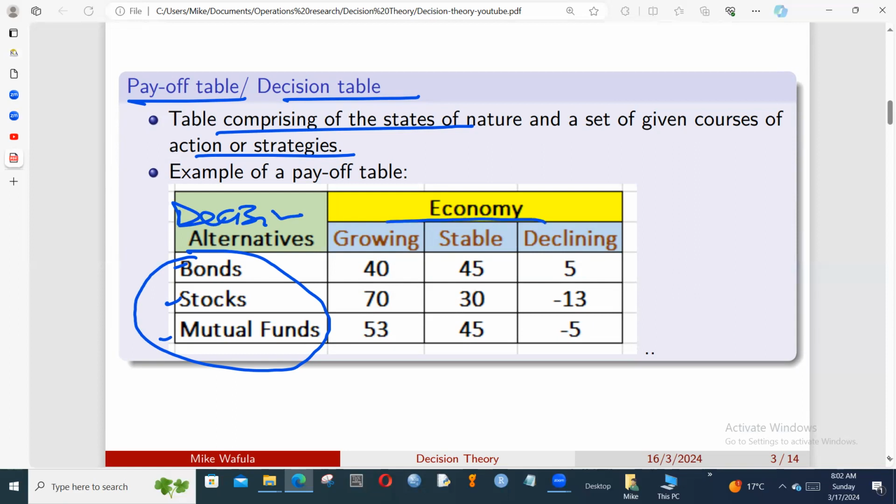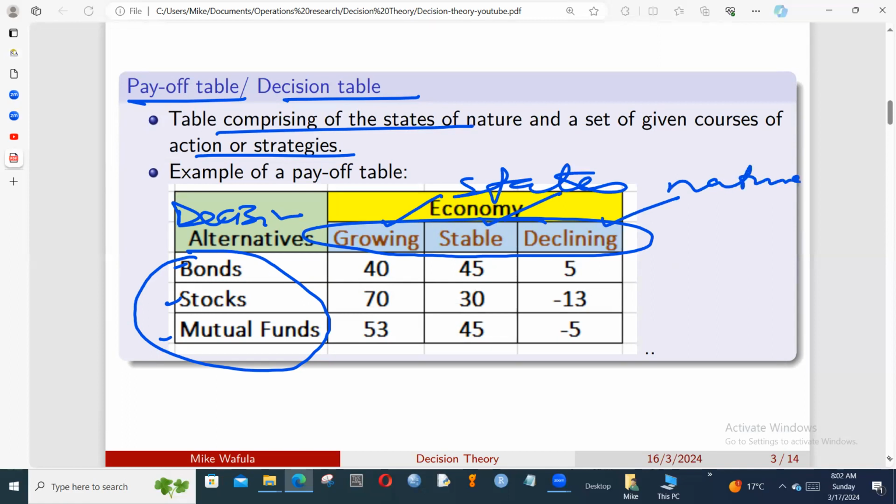And these are the states of nature, what I call the economy. You are looking at how each of these decision alternatives will behave when the economy is growing, when the economy is stable, when the economy is declining. So these are the states of nature or conditions that will actually affect each of these decision alternatives.